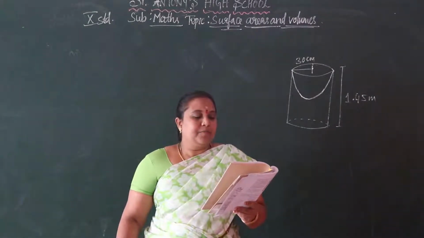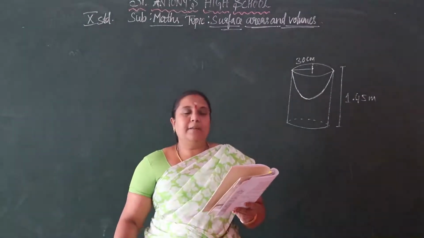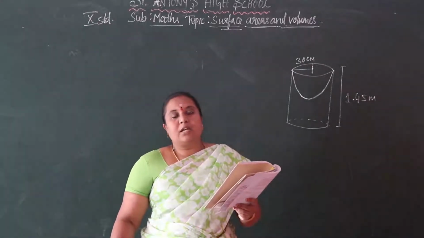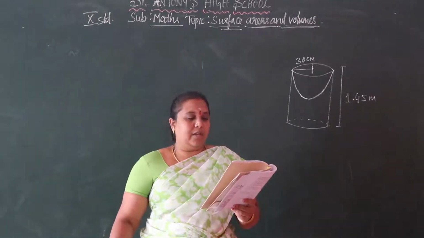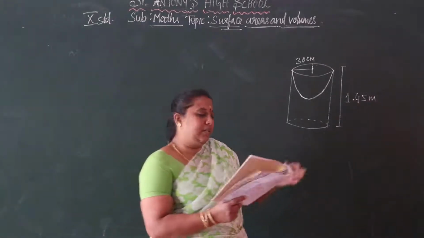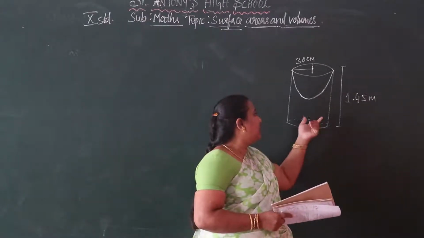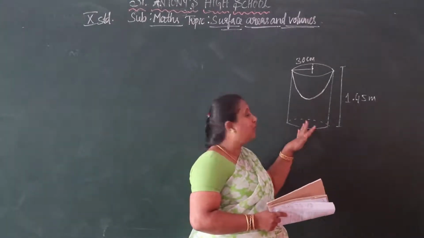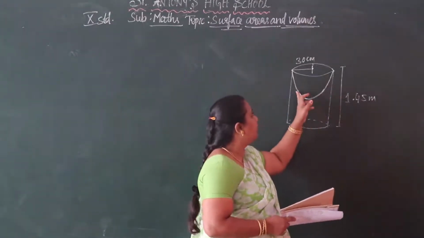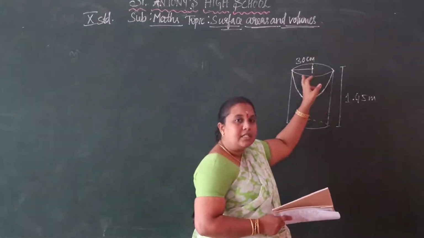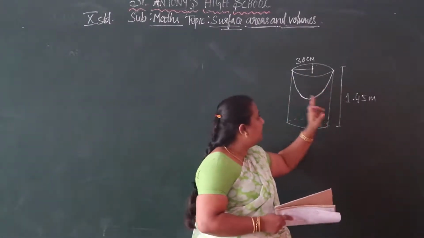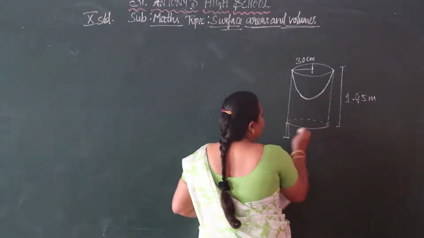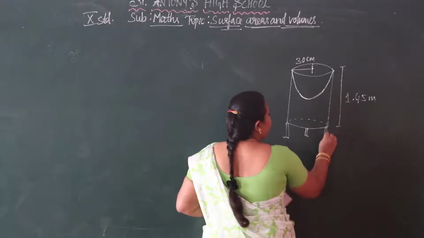So here it is the CSA of the cylinder, 2 pi r h, plus the CSA of the hemisphere, the curved surface area of the hemisphere. The lower part of the cylinder is hollow, so we leave this part off.